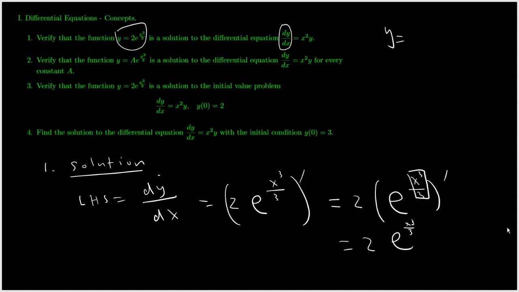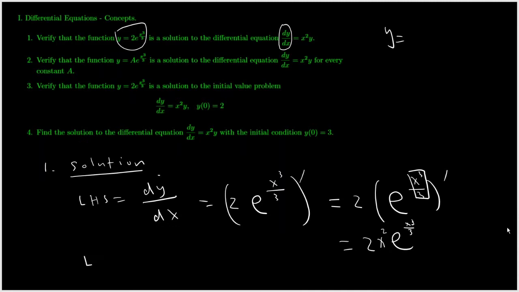The derivative of x cubed over 3 is x squared, right? So on the left-hand side, you have x squared times e to the power of x cubed over 3. That's the left-hand side. You have 2x squared times e to the power of x cubed over 3.